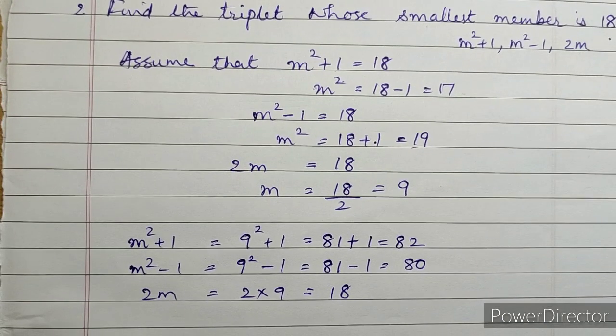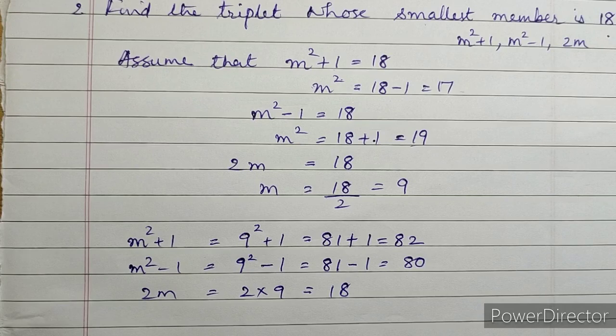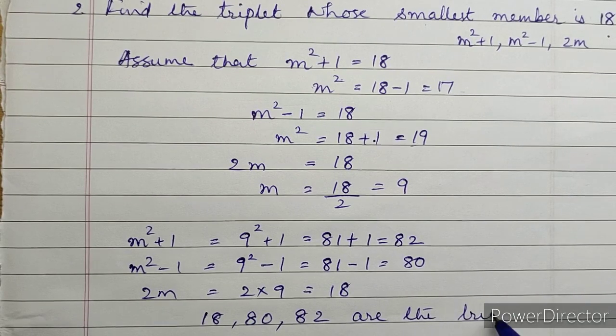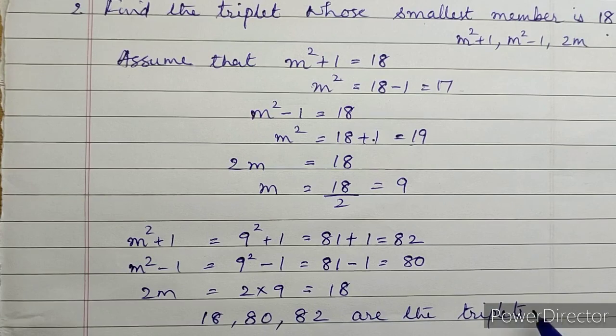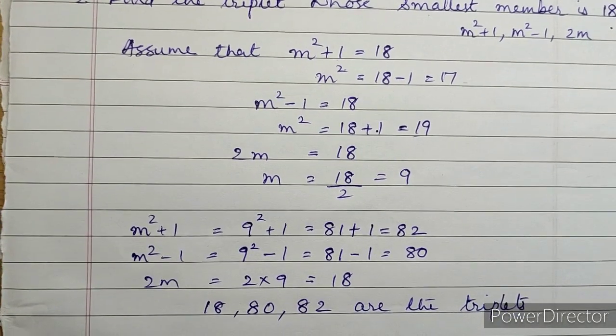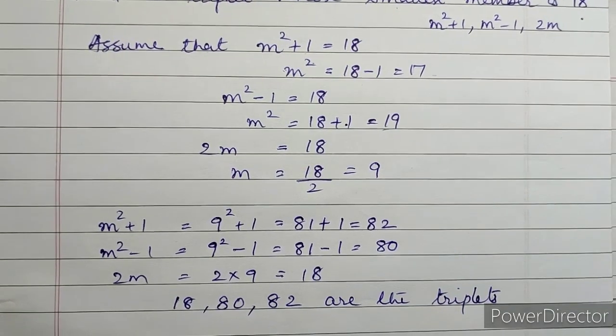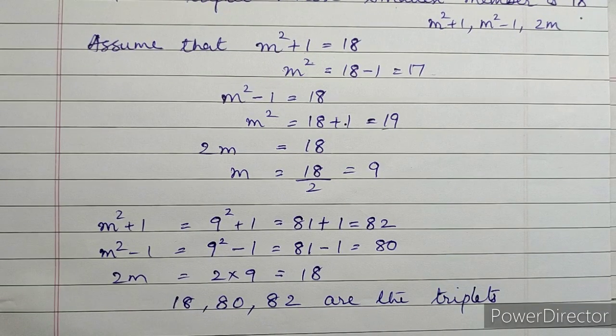So 18, 80, 82 are the triplets. Hope you understood, children. So if any one number is given, you can find the triplets by using this general form of the Pythagorean triplets.